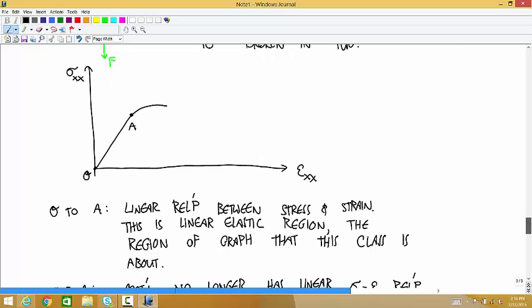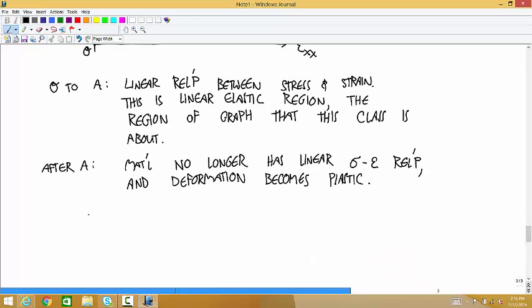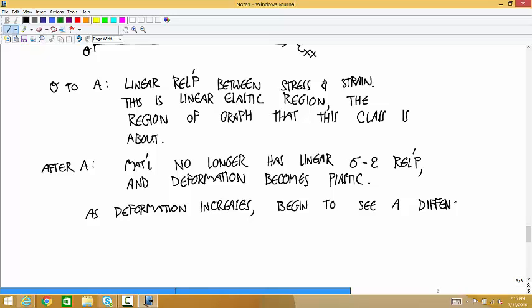Okay? So as the deformation increases, you begin to see a difference between the stress, okay, so the stress is equal to force over cross-sectional area.